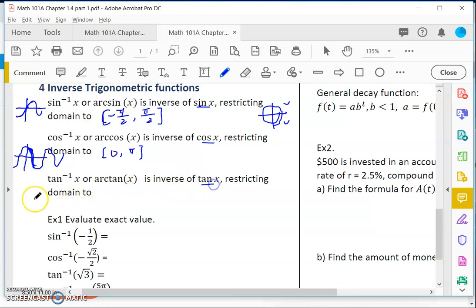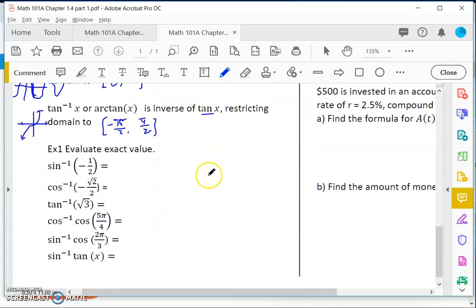What about tangent? For tangent, we would do the same as sine, negative pi over 2 and pi over 2. So meaning we would take this part of the tangent graph between negative pi over 2 and pi over 2. So once we do that, we would know how to evaluate the inverse function.